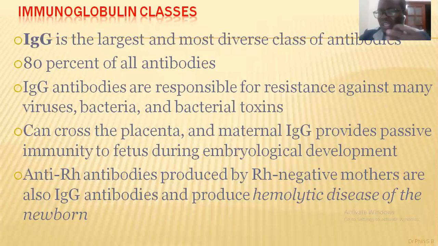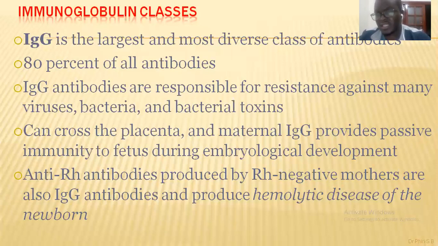B cells will be activated into plasma cells and start producing IgG. These IgG antibodies are able to cross the placenta, so they can go to the fetal circulation now. They will go and attack the fetus. That will result in hemolytic disease of the newborn or erythroblastosis fetalis, like we've already discussed in the other lectures.